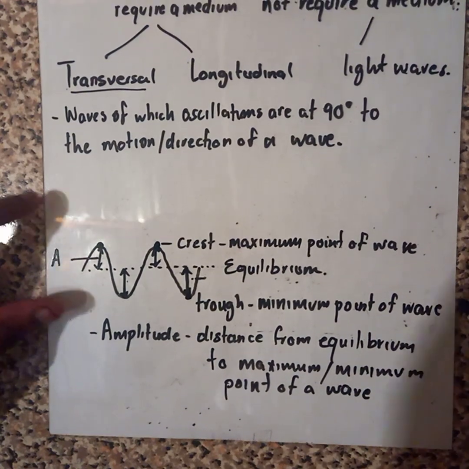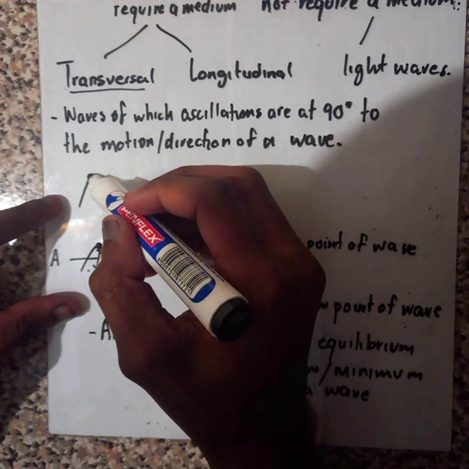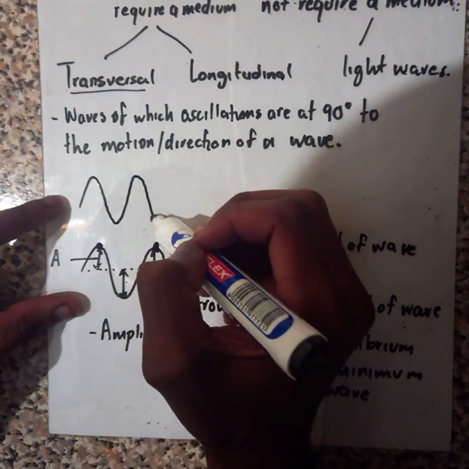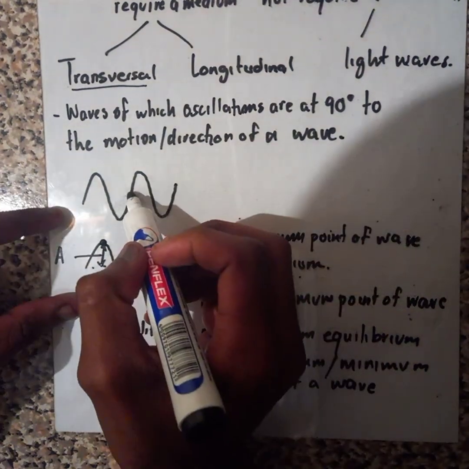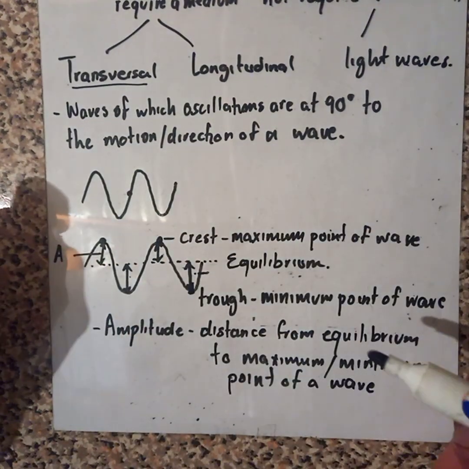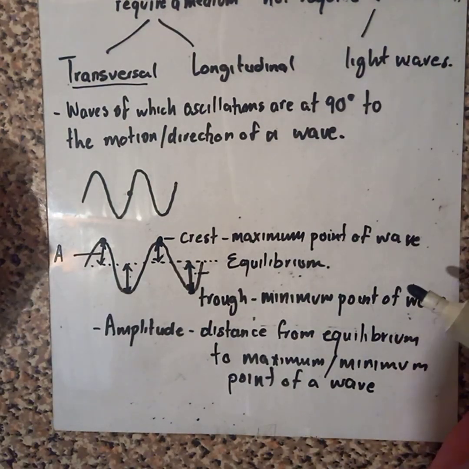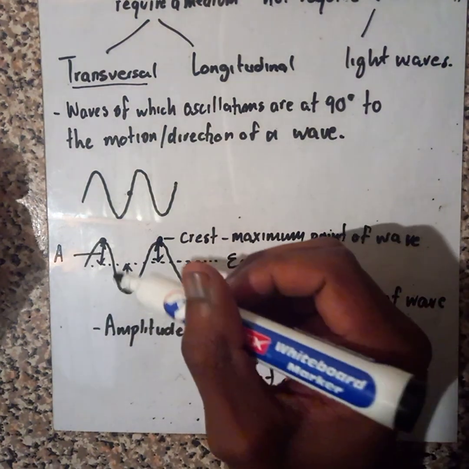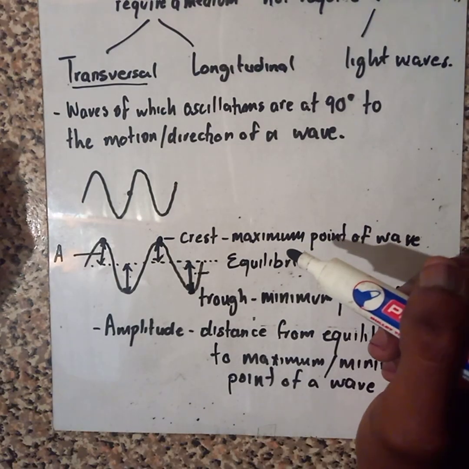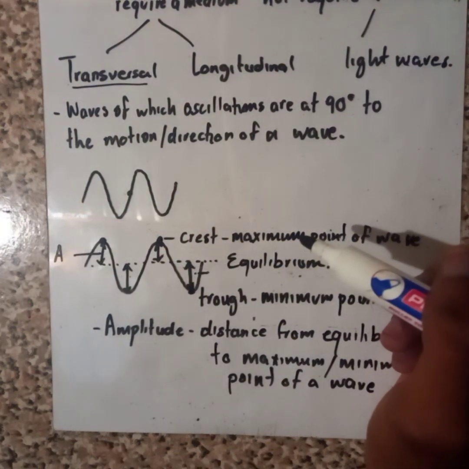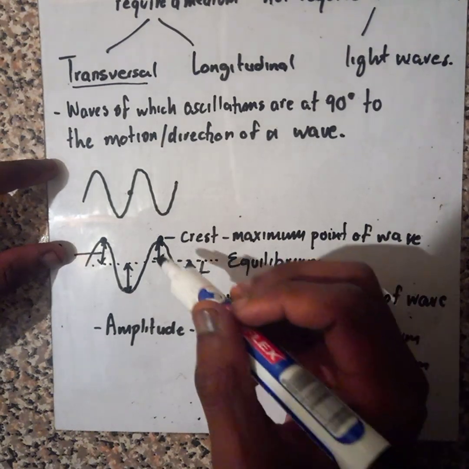Now let us try to identify a wavelength. Let me draw this wave again. For us to be able to find the wavelength of this given diagram, we must identify the sine function or the cosine function. Do you still remember those graphs from trigonometry? It's so simple.